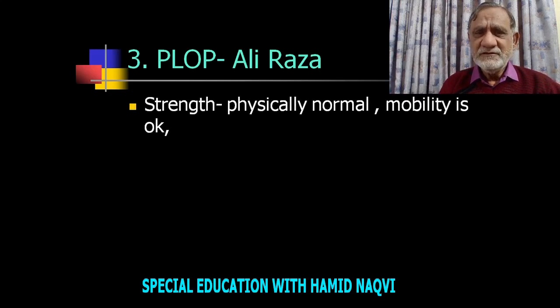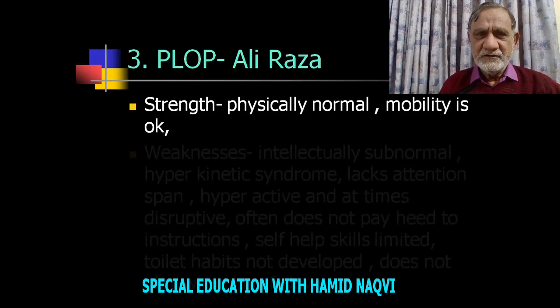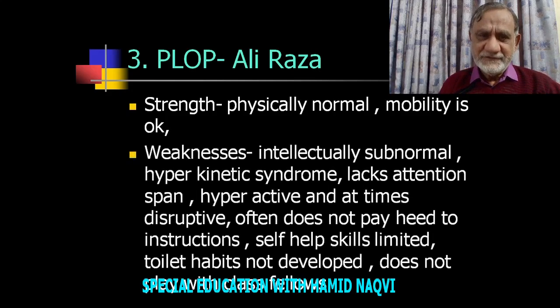Now, strengths include how he looks, his physical appearance, his height, weight, his mobility, his eyesight, his hearing, and all his sensory growth. That is to be mentioned to give a fair idea about the child. Then the weaknesses of Ali Raza. They are, for instance, he is intellectually subnormal.